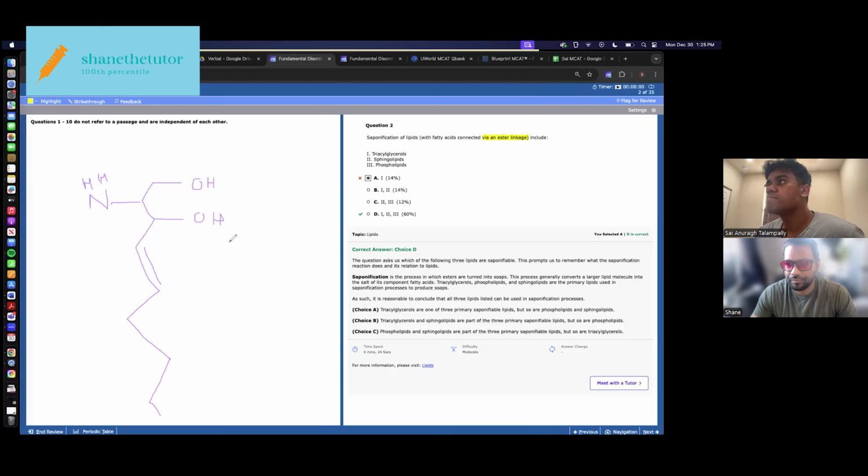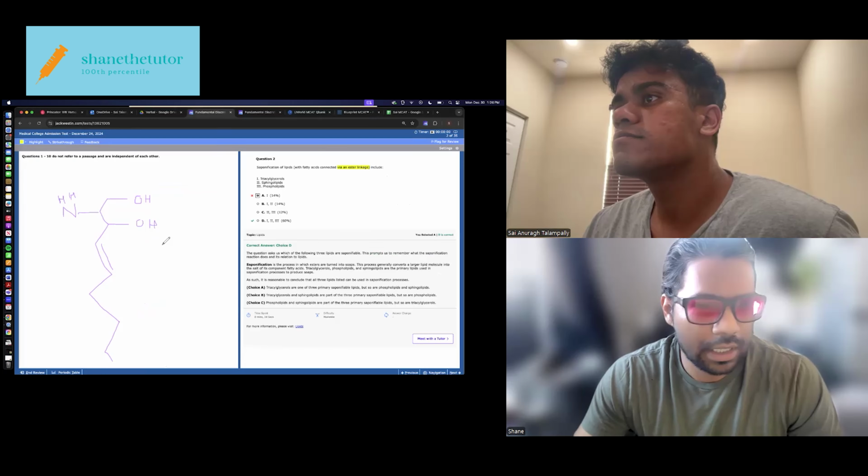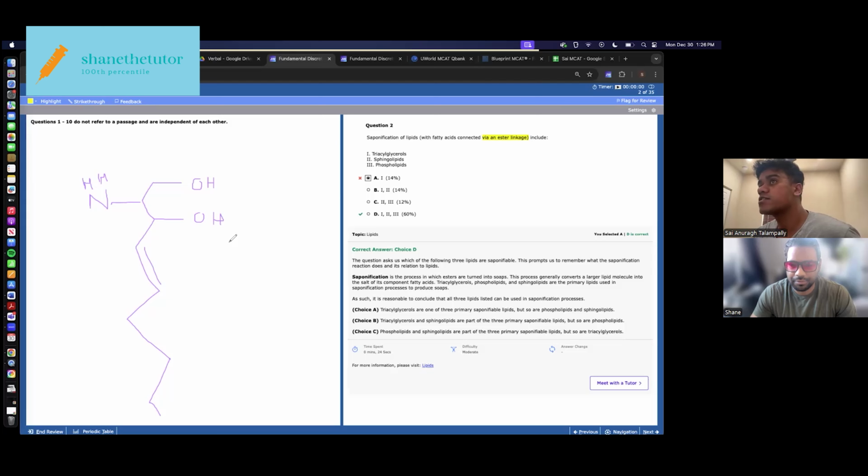So let's see. It seems that it also works for phospholipids, but it's apparently really slow. I tried to check online, but online keeps saying that for sphingolipids it doesn't work. So I'm a little confused why it's the answer. Got it. So let's look at the phospholipid first.